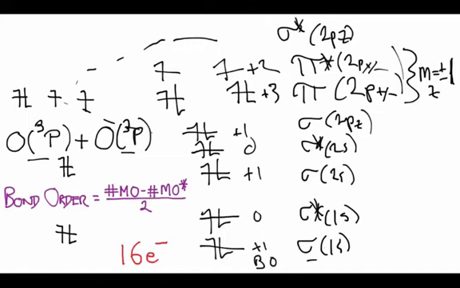The overall configuration is sigma 1s2, sigma star 1s2, sigma 2s2, sigma star 2s2, sigma 2pz2, pi 2p4, pi star 2p2. So that is the configuration, the orbitals that the numbers of electrons go in, but I've got these 2 aligned electrons.